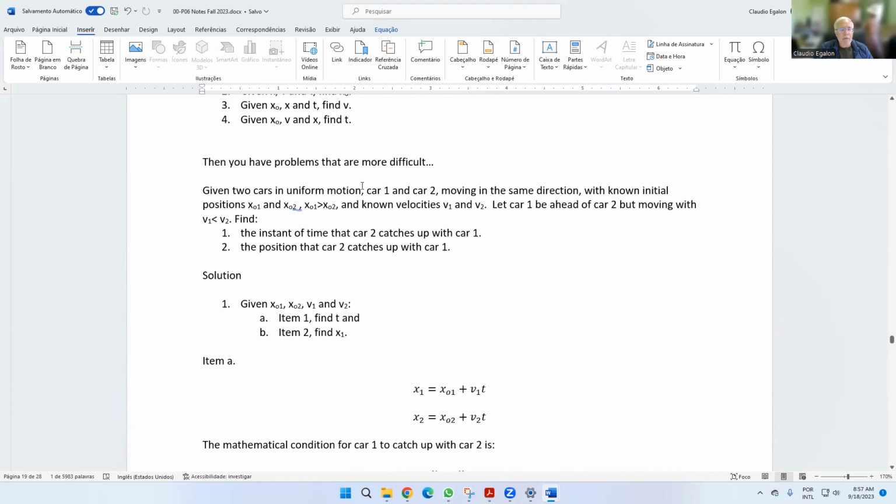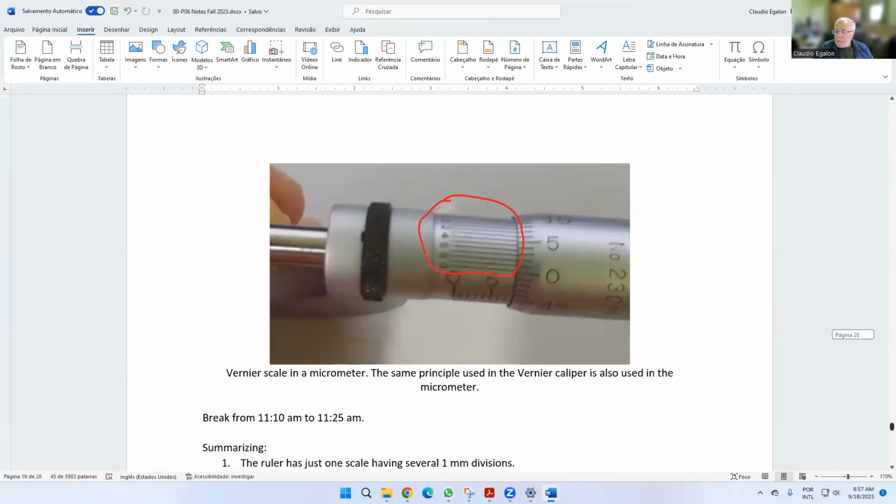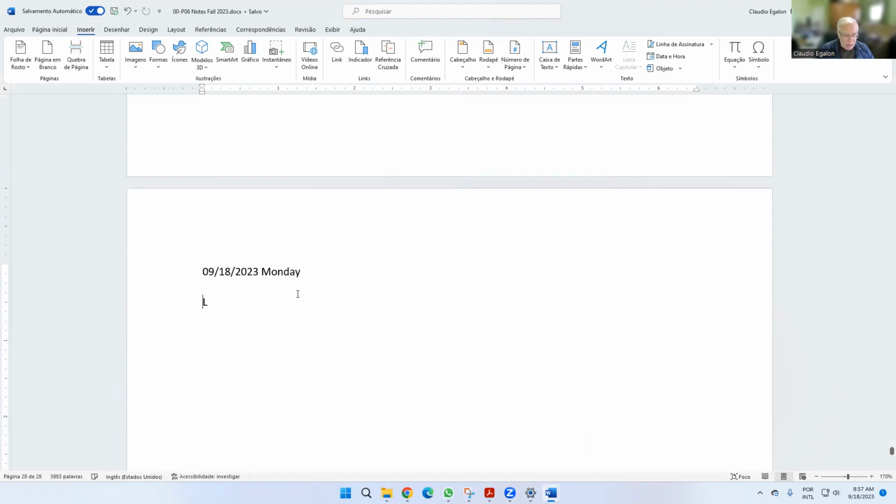Like this type of problem, if you recall, we were looking at. Let's write that down here below. Last time we were doing some 1D examples, 1D motion examples.